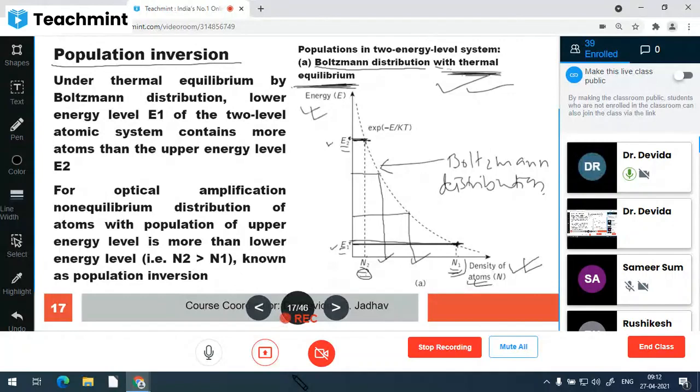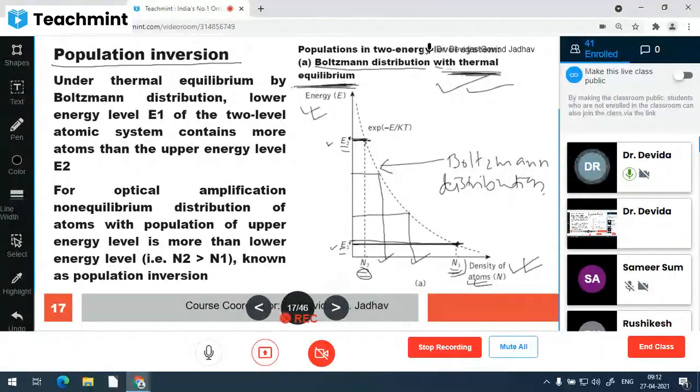So this particular curve, the Boltzmann distribution, controls how the conduction state number and valence state number of the atoms exist in the crystal. So this is about this graph. And this Boltzmann distribution is normally observed in thermal equilibrium state.